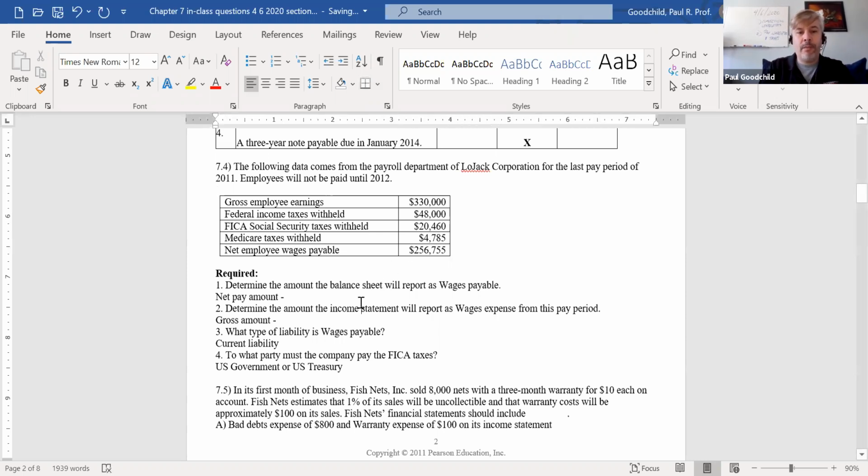So net pay would go here, 256,755. That's just something you have to commit to memory, that the wages payable is what's going to the employee, whereas the wage expense is the gross amount, which is the 330,000.